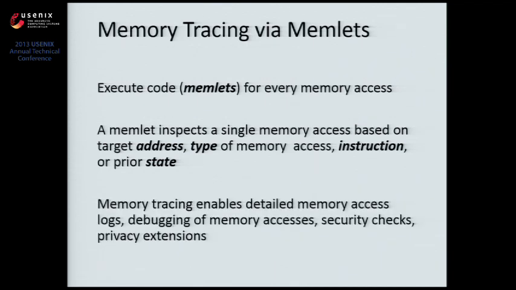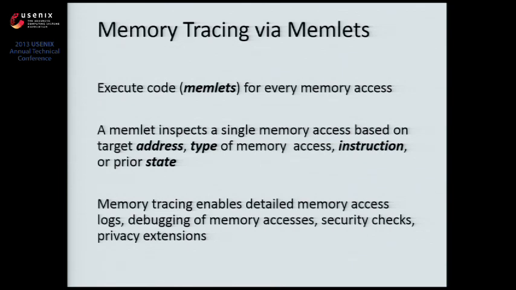Memory tracing is one of these nice techniques that can be used for a whole bunch of different applications. For example, you can do very detailed memory logs for debugging purposes. You can do memory checking, security checks, data flow tracking, privacy extensions, and all these things.